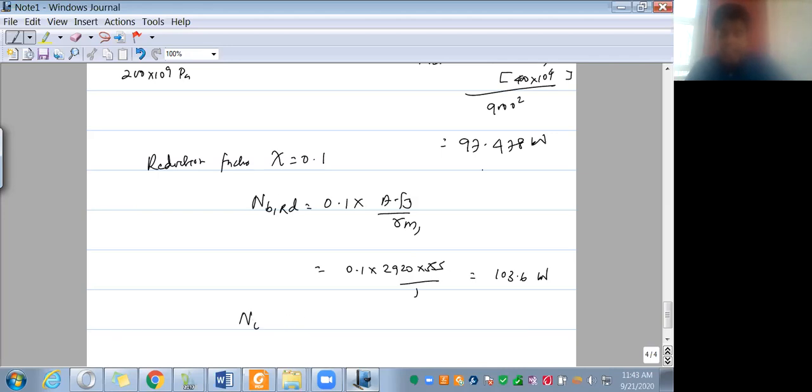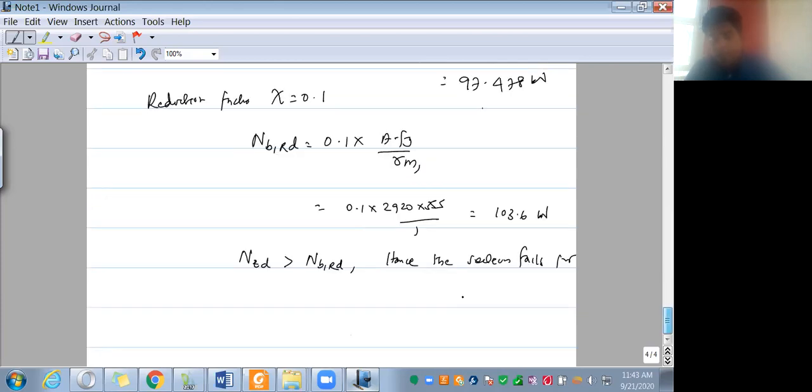So N_Ed greater than N_b,Rd. Hence, the section fails for global buckling resistance.